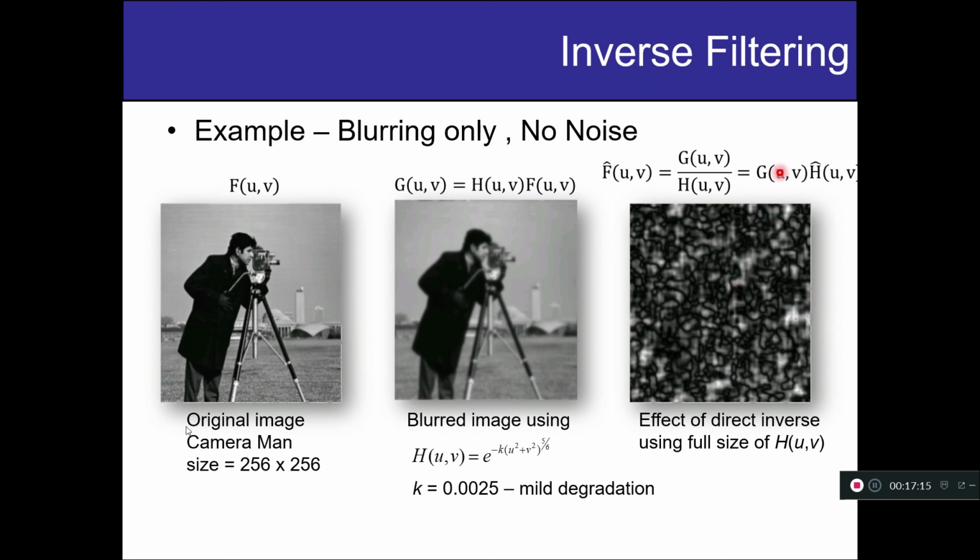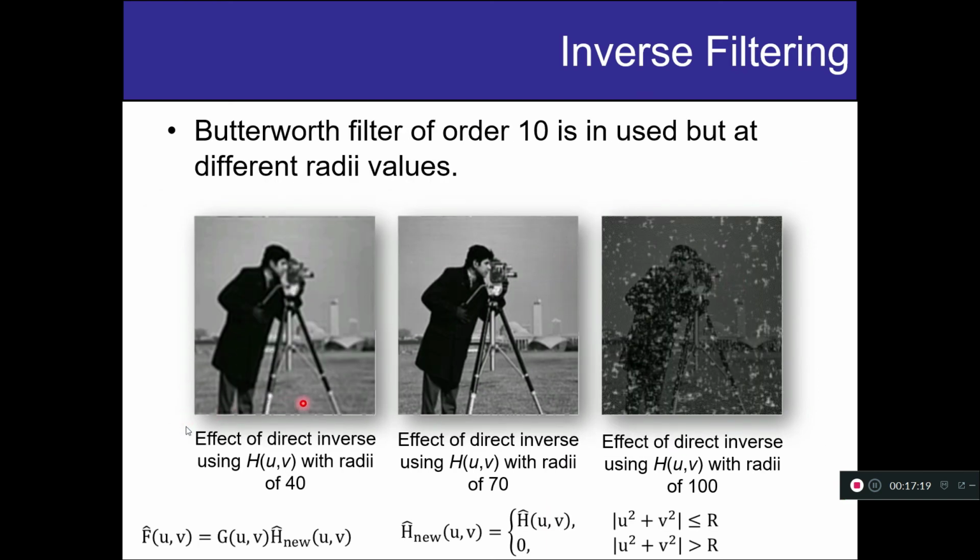Once you cascade with that ideal low pass filter, you can see the effect. This is the image after cascading with the low pass filter with radius 40, this one is 70, and this one is 100. Which one is the best? I believe you feel the same as me: it should be the center.